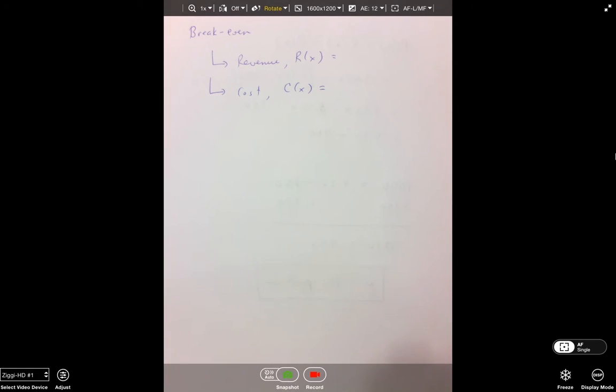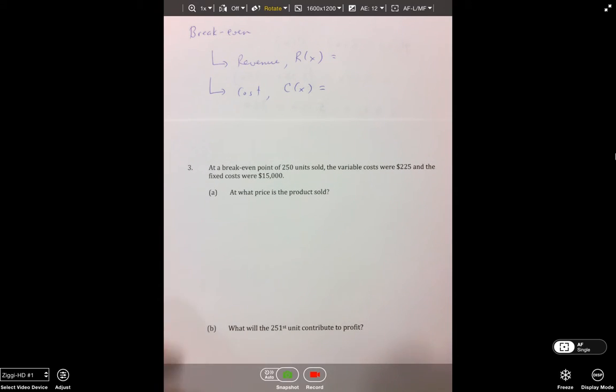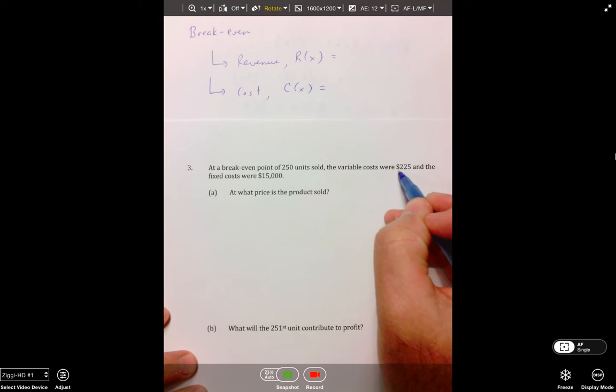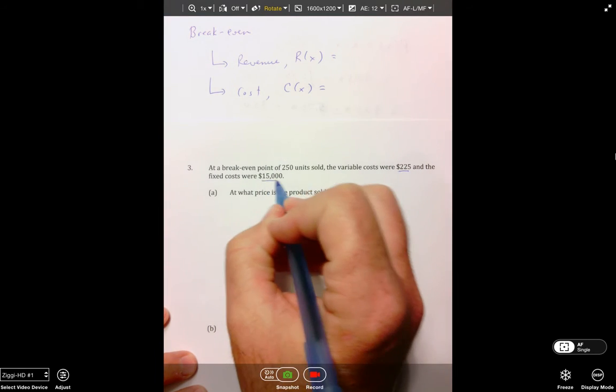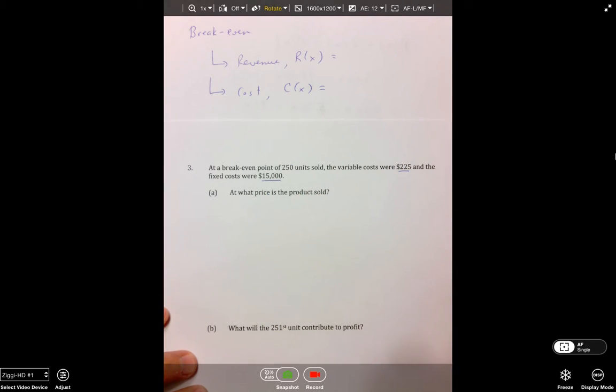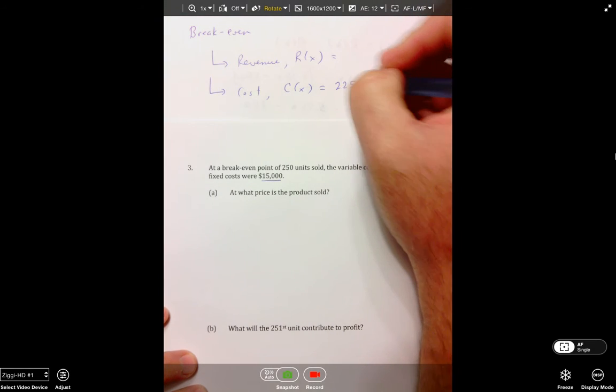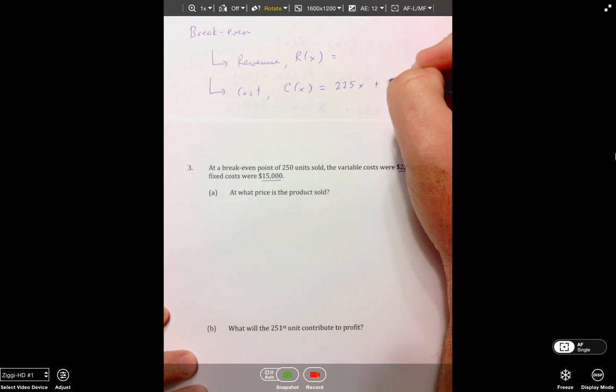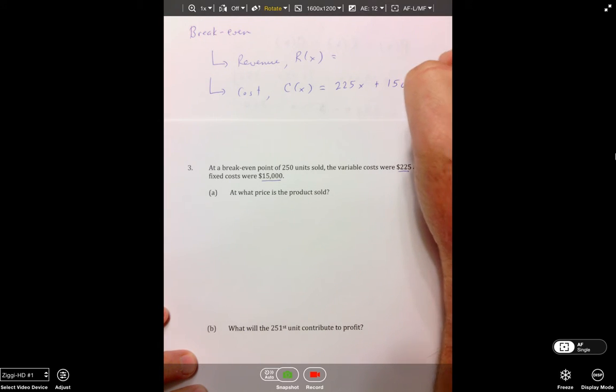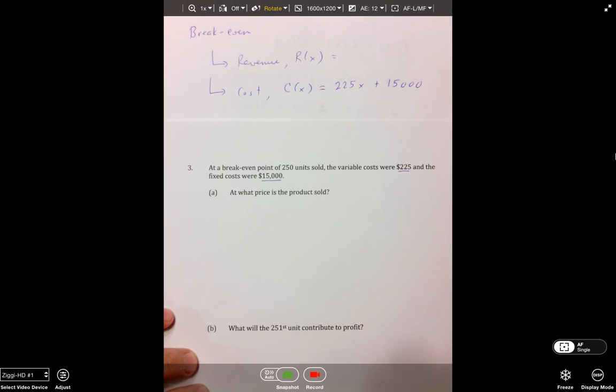So we know from the problem that the variable costs were $225 and the fixed costs were $15,000. So guys, that tells me that my cost function is known. There's no question about that.